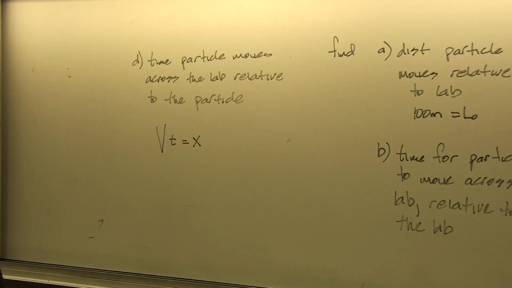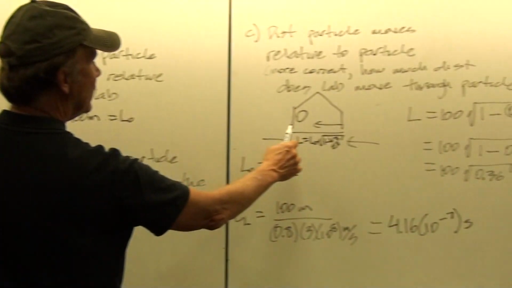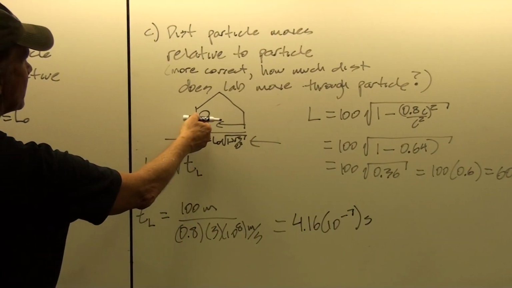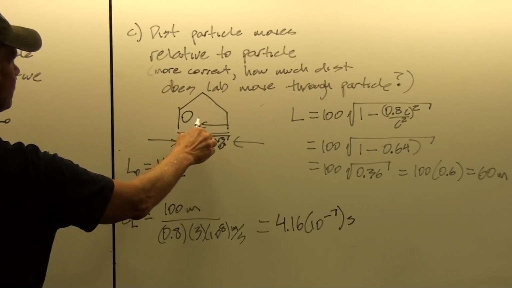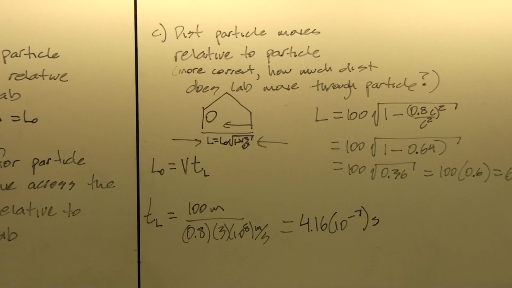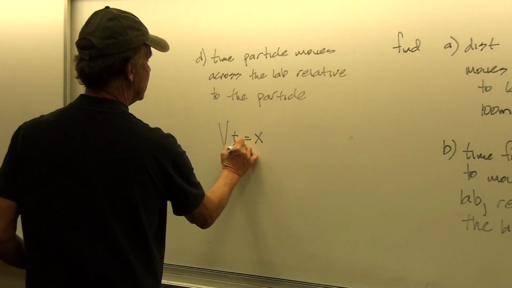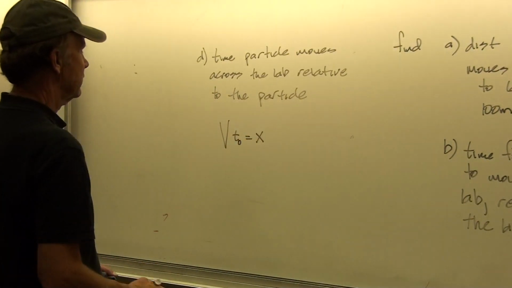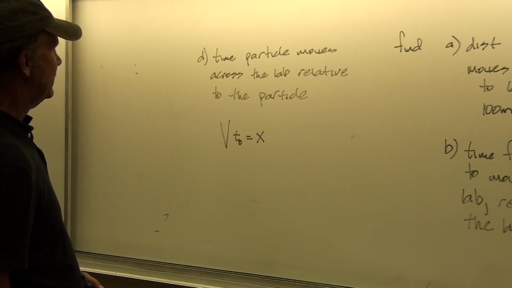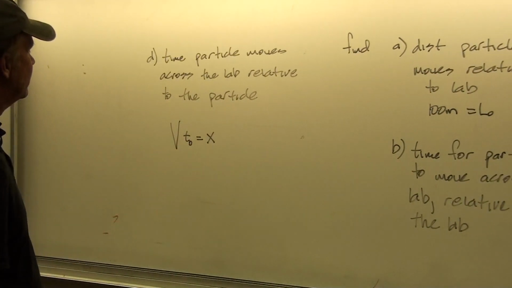Okay, so relative to the lab, you've got a velocity through a larger time equals a larger distance. But here, there's less time. So this is what we call T naught. Okay? And that amount of time is going to be equal to x over v.